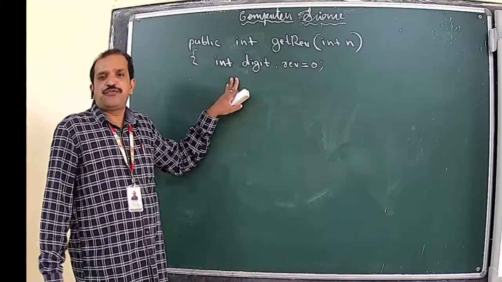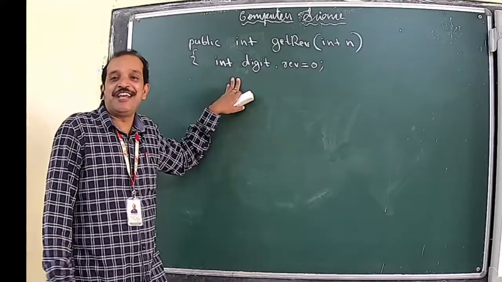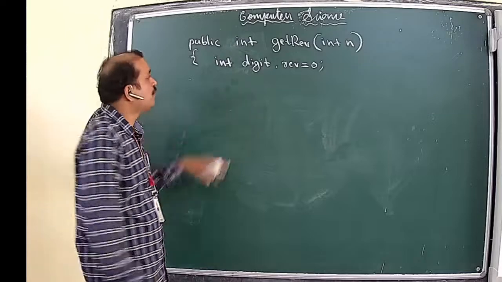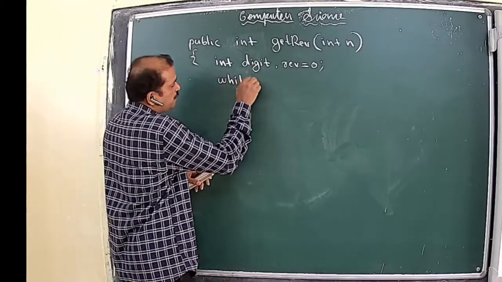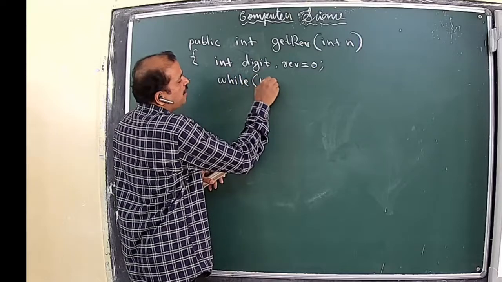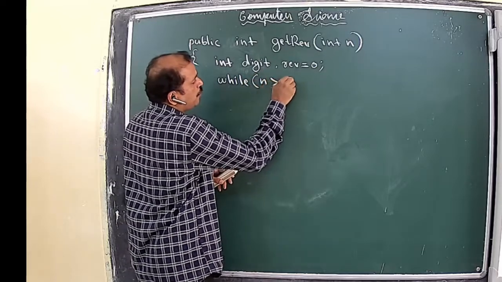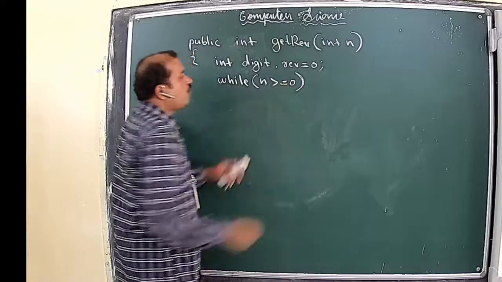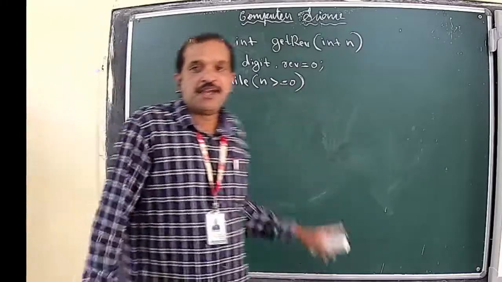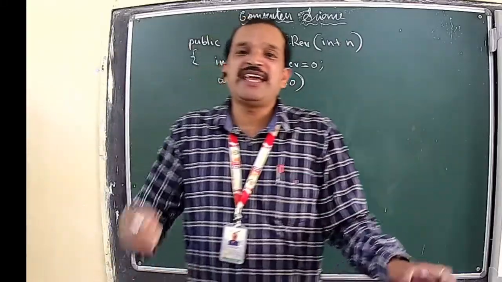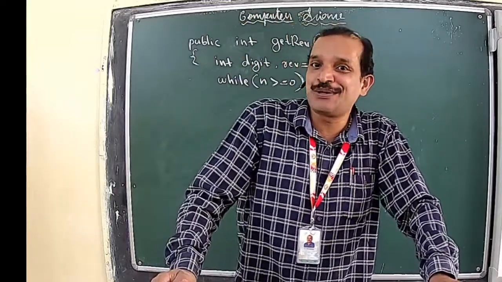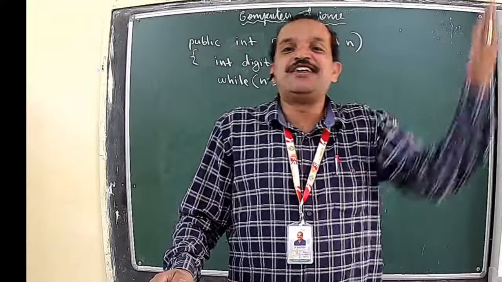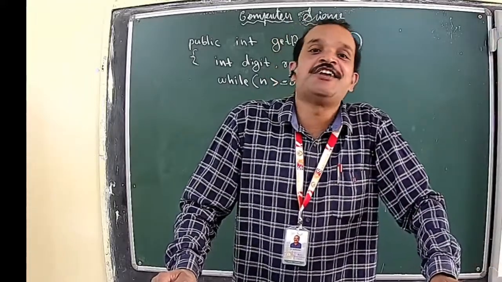Instead of a for loop, for this technique we are going to use a while loop. A while loop can be used for this, while n is greater than 0. Why do we use this kind of expression? In our previous example, where we extracted each digit into 3 different variables, you might have observed that the value of n was divided by 10 again and again.